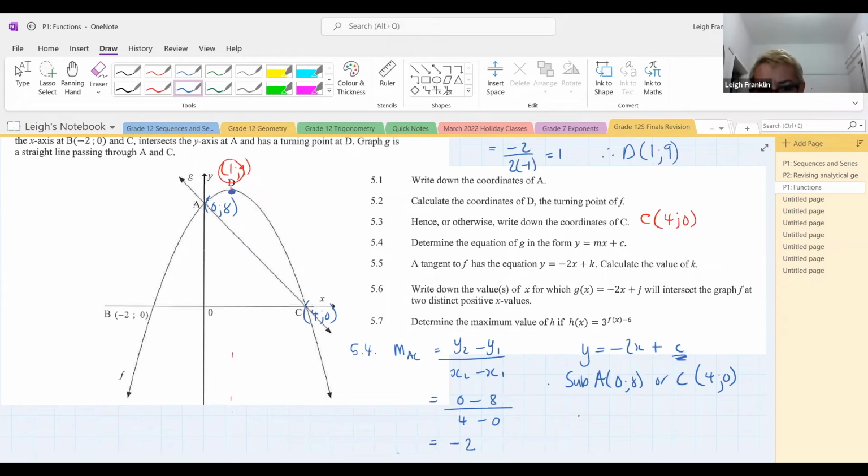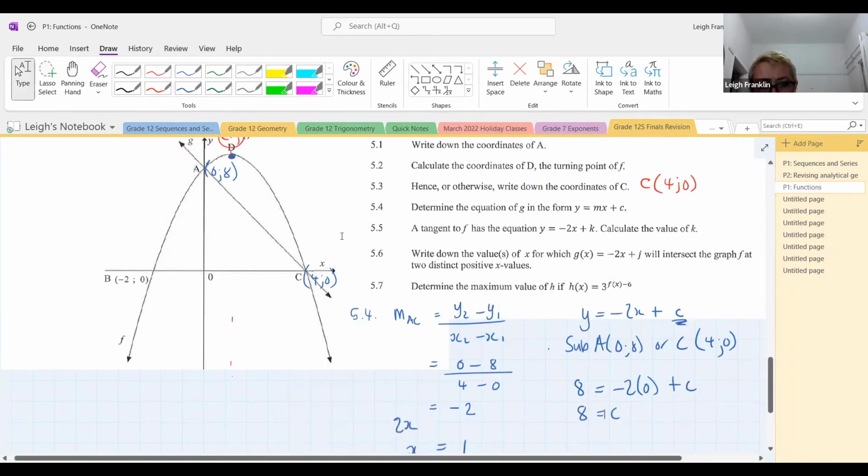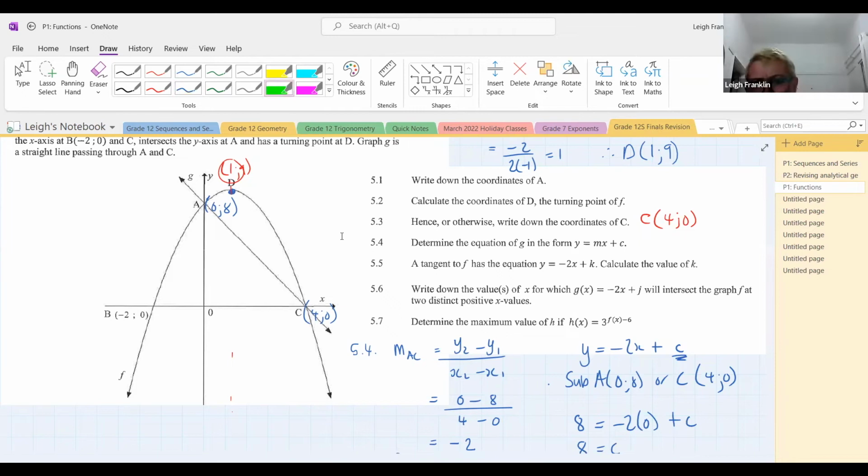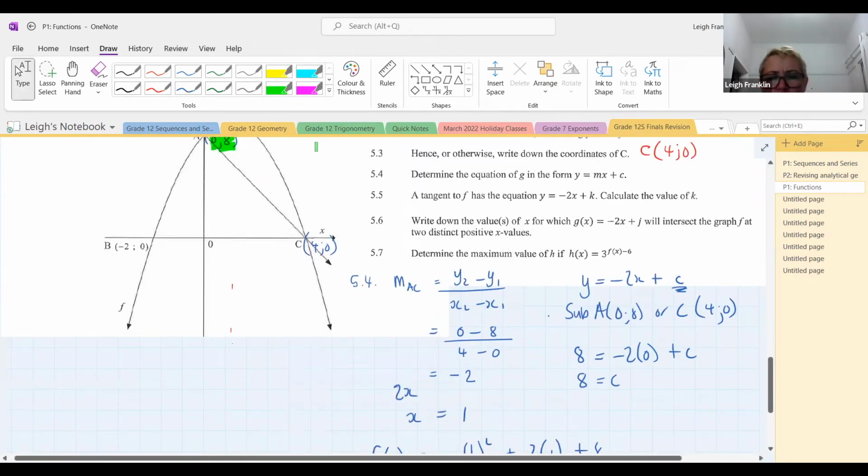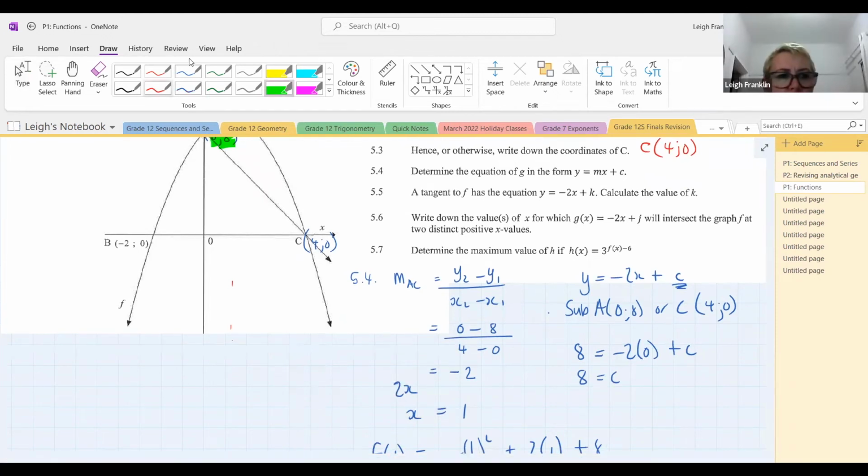So we're going to make y equal to 8, x equal to 0, and that means that c is going to be equal to 8. In fact, that was silly of me to do that because we know what the y-intercept is, right? So we could actually just go ahead and write it in. We didn't have to calculate it. But if we had other points, where it wasn't the y-intercept, then we could do that. So that was a bit of a waste of time there. Sorry, I shouldn't have done that.